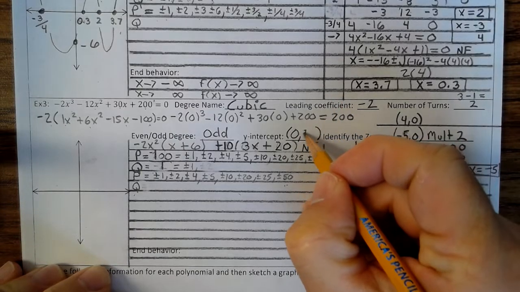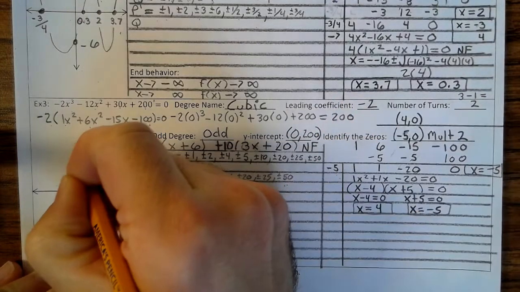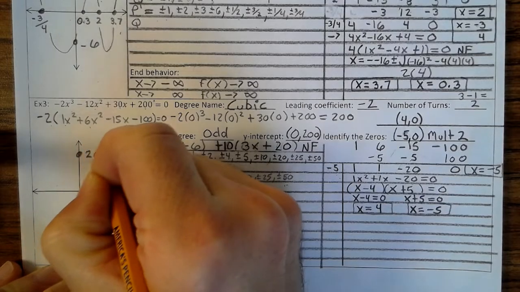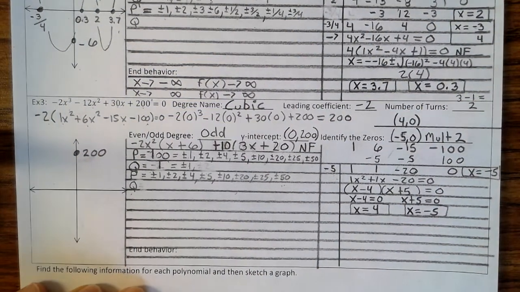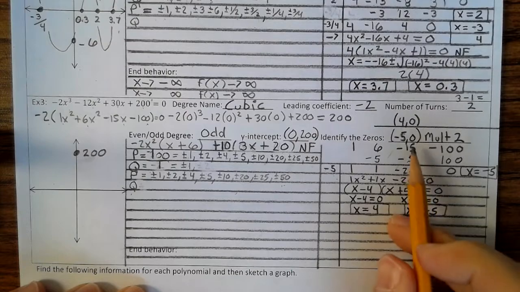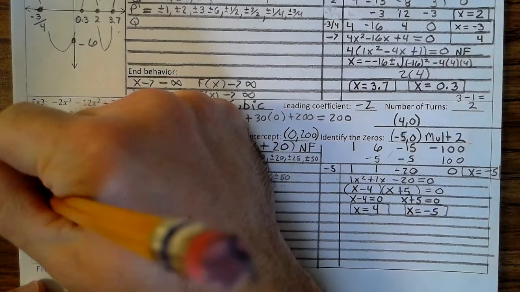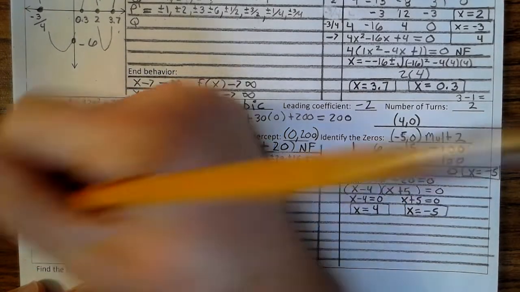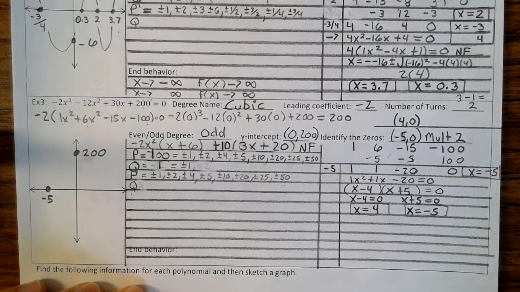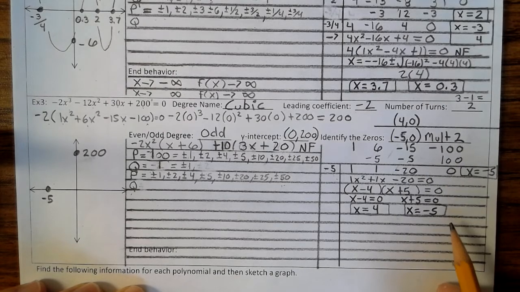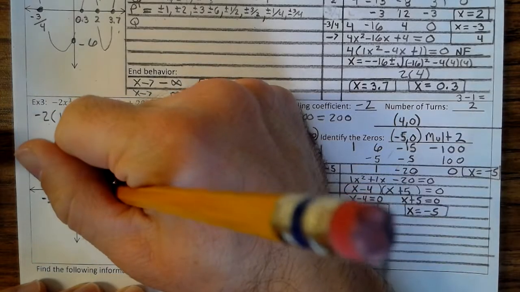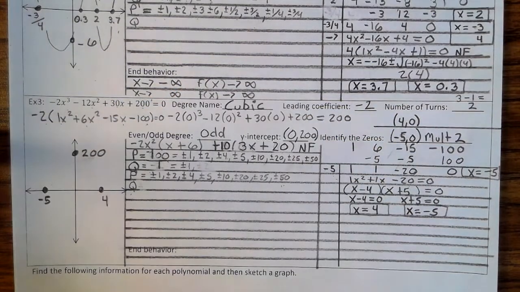Now, first off, the y-intercept is 0, 200. Okay. Now, it looks like we have negative 5, and then we have 4. Okay.